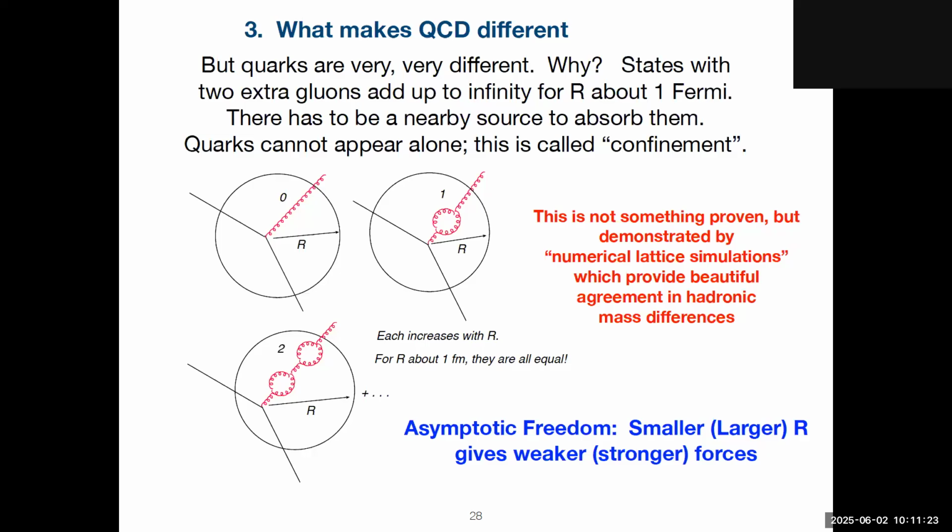And in gravity, that's clearly like 1 over Newton constant, which is the Planck scale.